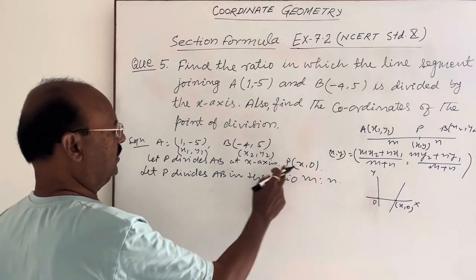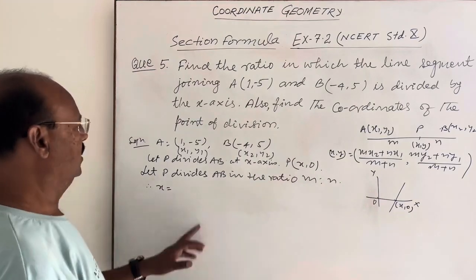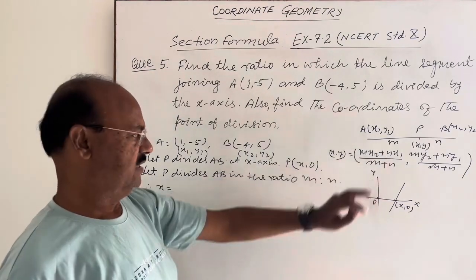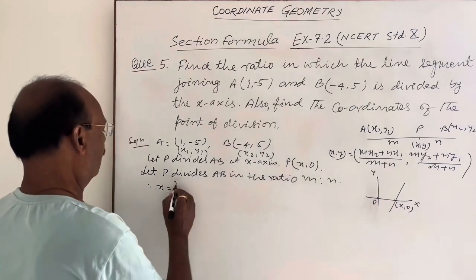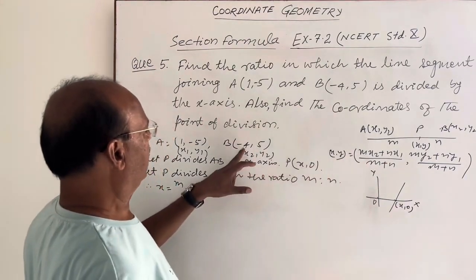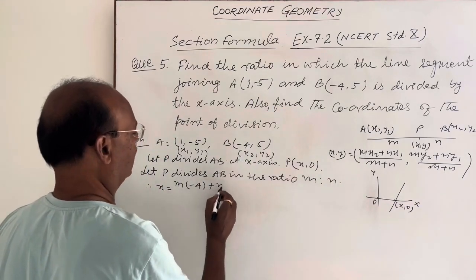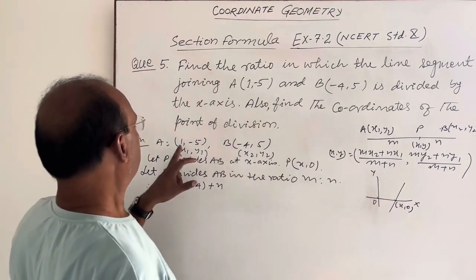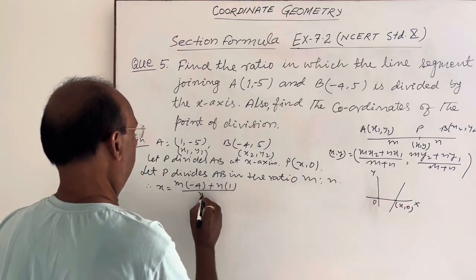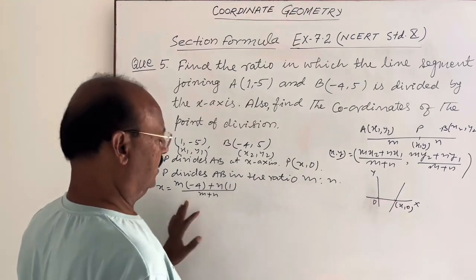So the x coordinate of P is (mx2 + nx1)/(m + n). In place of x2 we write -4, and x1 is 1, so x = (m(-4) + n(1))/(m + n). This gives the value of x.